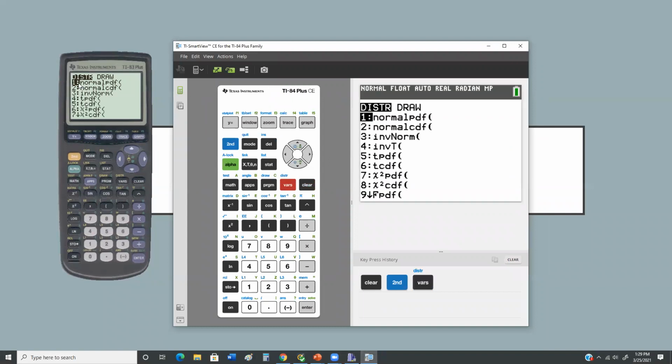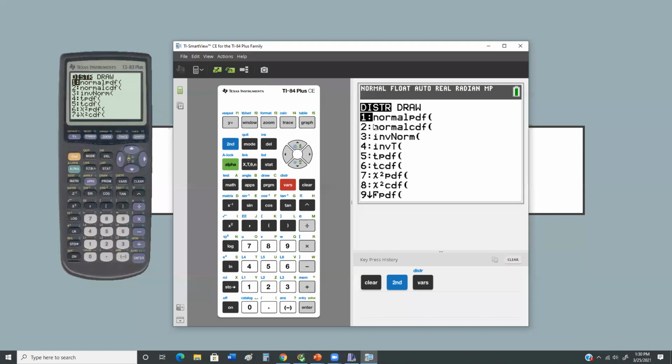Does everybody see option number 2 there called Normalcdf? How many people are with me on that? Okay, this Normalcdf is going to be like the greatest thing for this course.